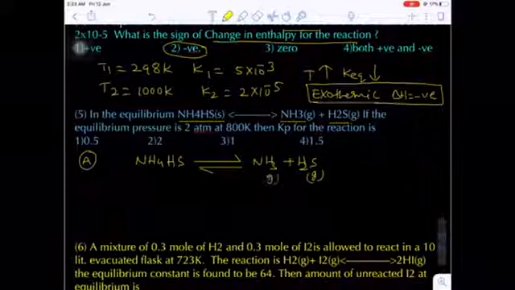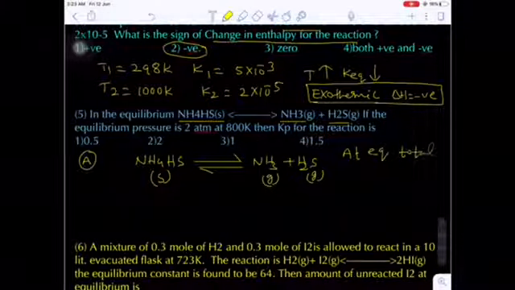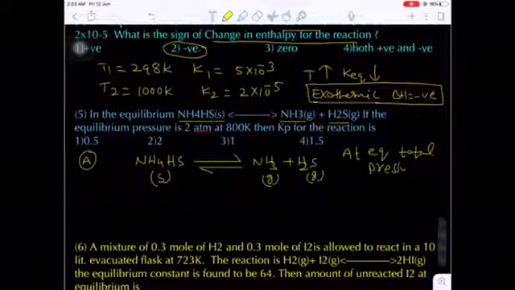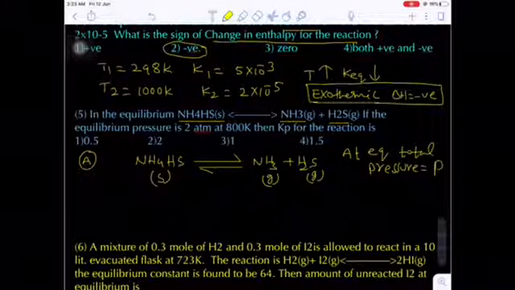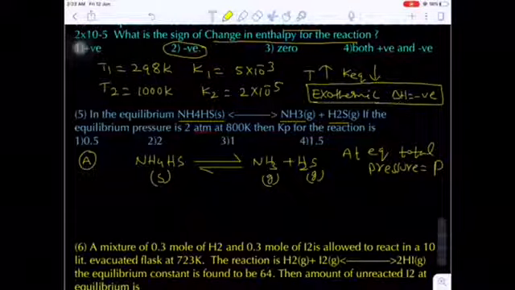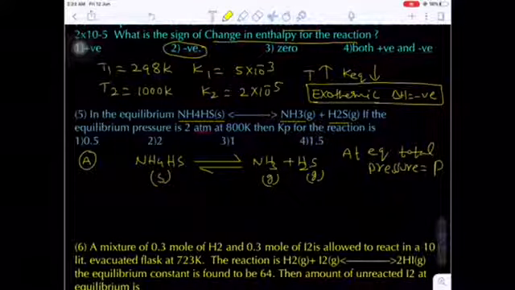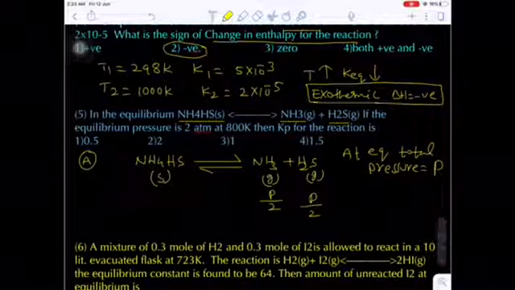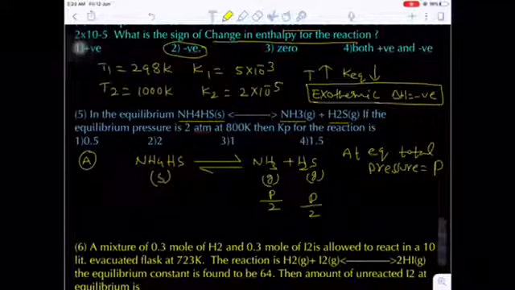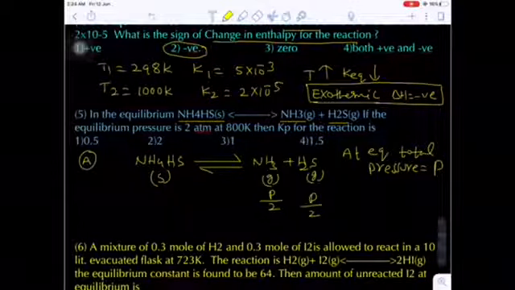Let's suppose at equilibrium the total pressure is P. Here there are two gases, ammonia and H2S, in a 1:1 ratio. If you divide the P atm into two parts in a 1:1 ratio, you will get P by 2, P by 2. Yes, total pressure P is the sum of P by 2 and P by 2.